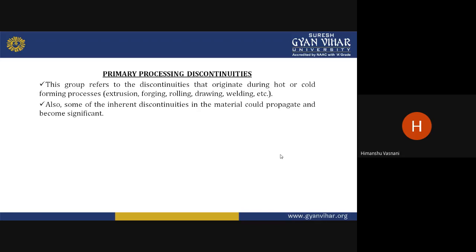Inherent discontinuities are those that occur while making the workpiece, like in casting. Primary processing discontinuities occur during the processes after making the part, after casting, you can say.